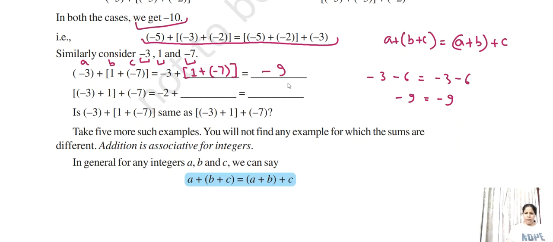In this case again, minus 2, this was a plus b in bracket and plus c is outside the bracket. Then again we are getting minus 2 and minus 7, minus 9. Is minus 3 plus 1 minus 7 the same as minus 3 plus 1 plus minus 7? Yes, equal. Okay, same. So we can say that all these numbers are following the associative property.